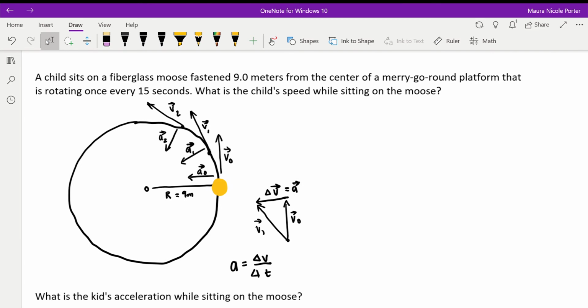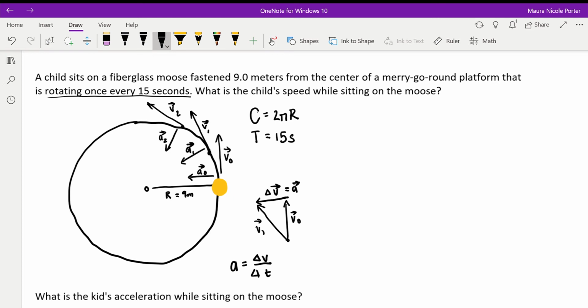We know that it rotates once every 15 seconds. So that means that the time it takes to travel the circumference, which is equal to 2 pi r, the time is going to be 15 seconds.